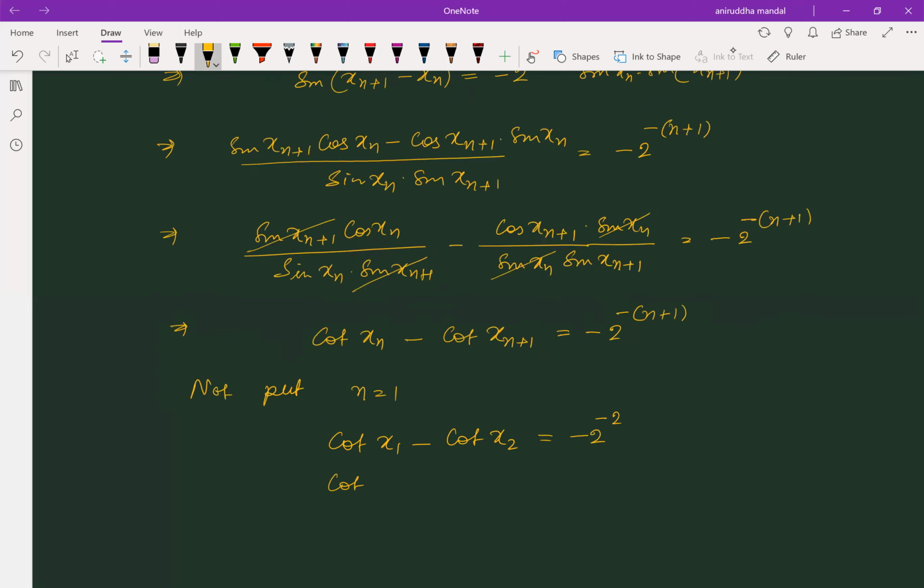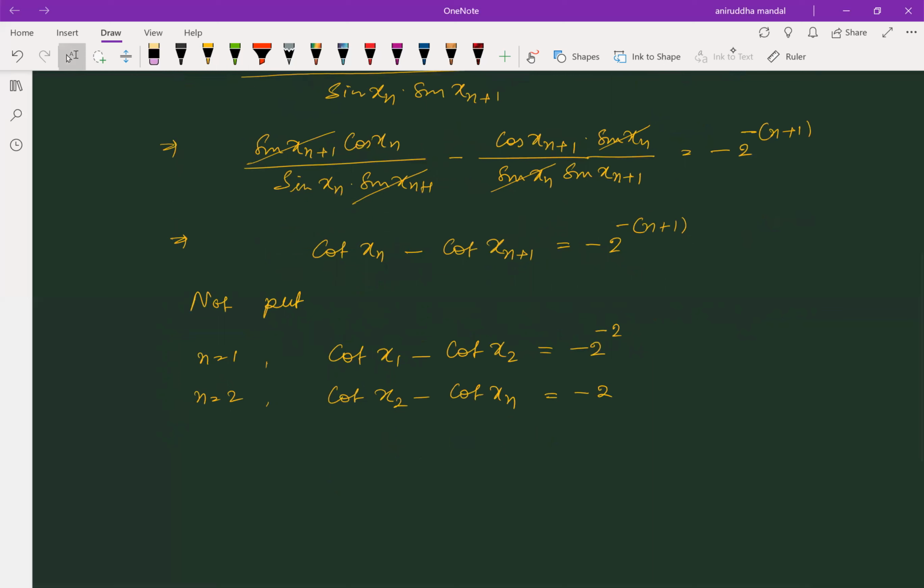Then put n equal to 2: cot x2 minus cot x3 equals 2 to the power minus 3.